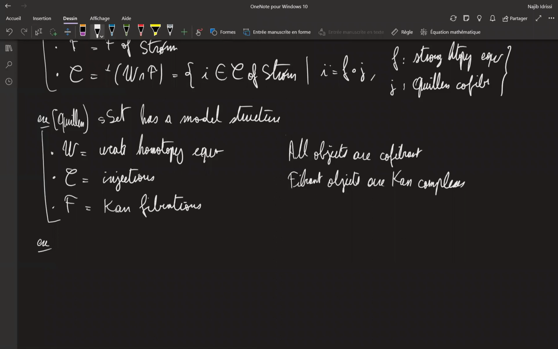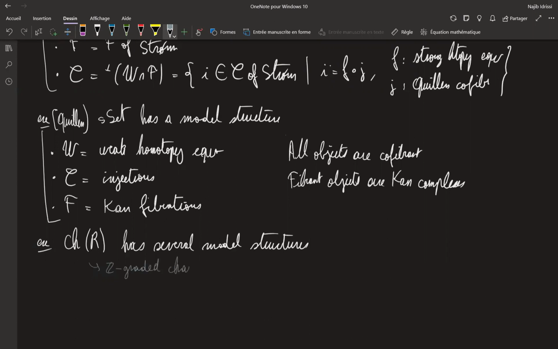So let me give the last examples. The category Ch(R) has several model structures. If you recall, Ch(R) is Z-graded chain complexes, right?